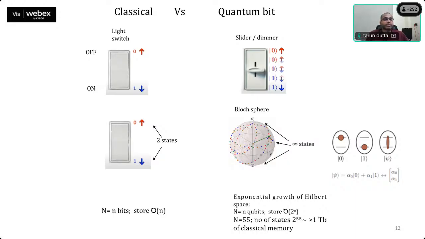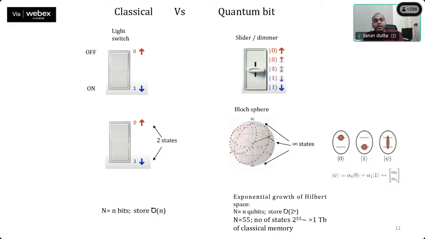So a classical bit has two states, either on or off. But a quantum bit has two states, on and off, but also all the intermediate states. You can compare it with a slider or dimmer. Including the on and off states, it has many intermediate states. That is the difference.